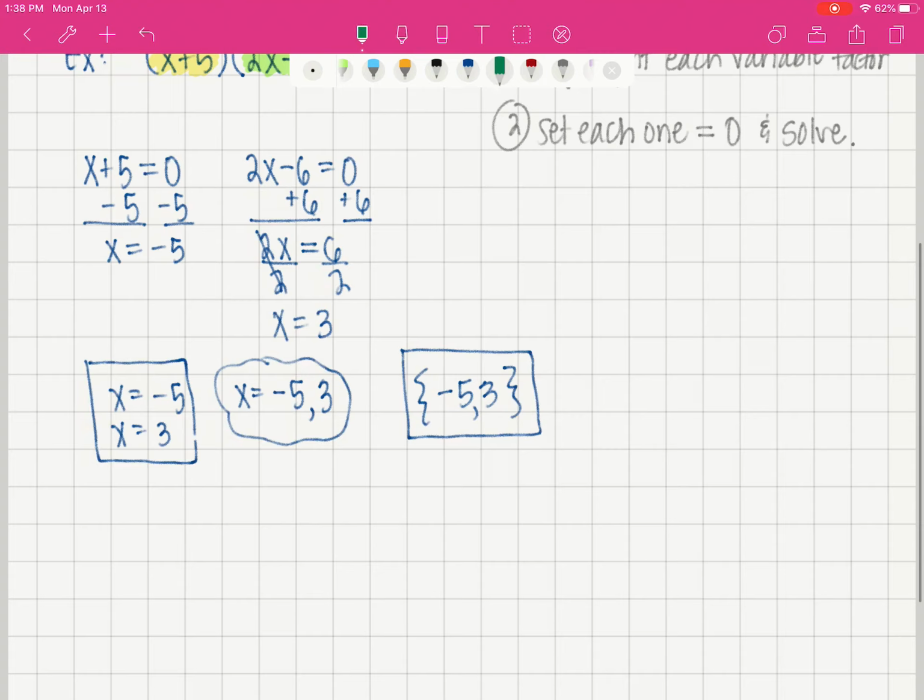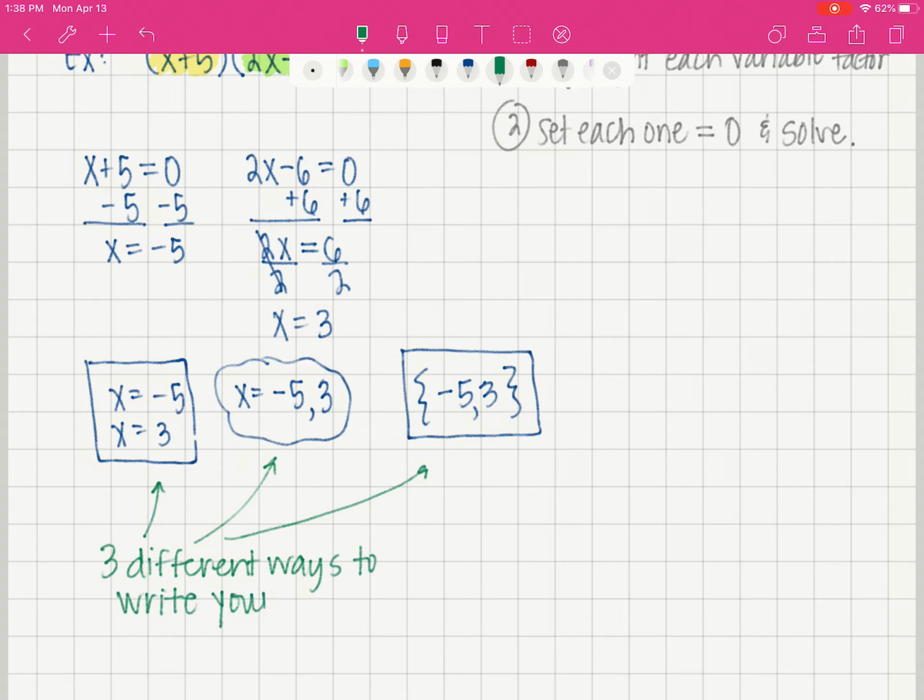So these are three different ways to write your answer. You choose the way that's best for you, and on a worksheet you might be faced with any of these for the answer key.